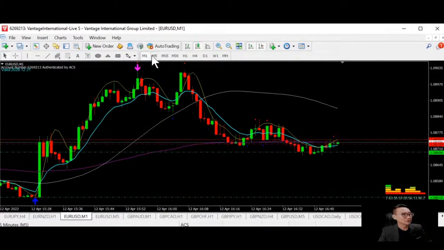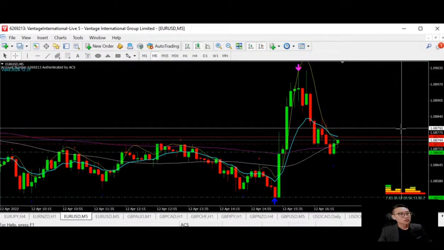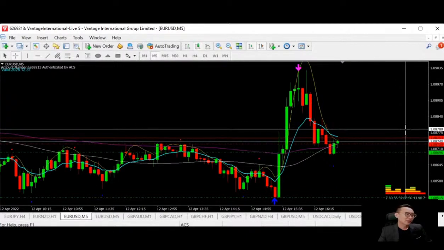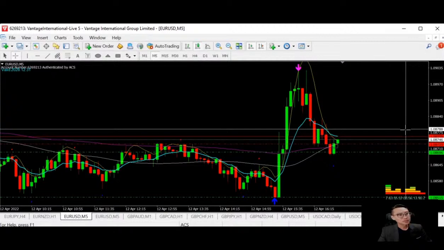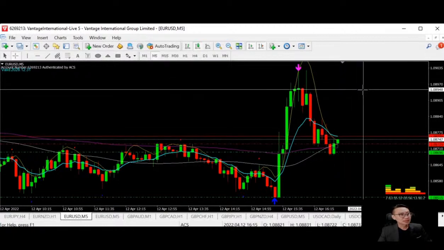Let's take a look. So here, it will be here. Over here is one of the resistances I'll be paying attention to, because this is where it created a lower resistance to break the support. Now over here is another, higher resistance.